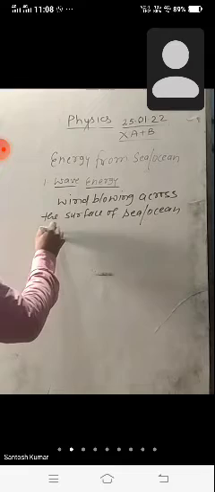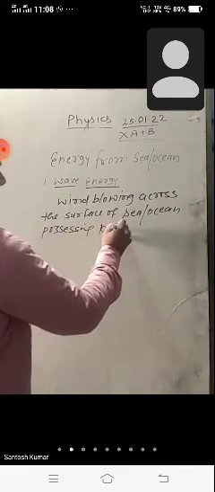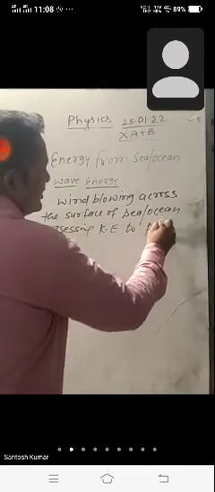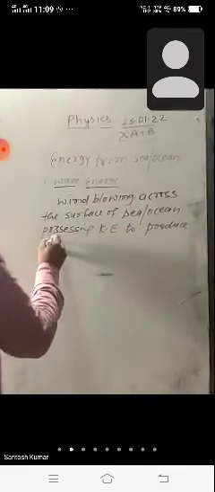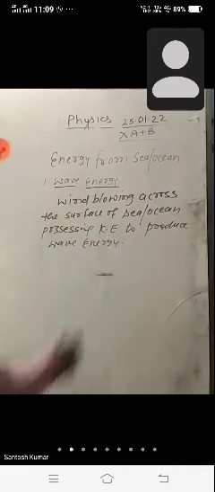If it is wave energy, it is generally from sea or ocean. So the wind blowing across the surface of the ocean or sea, possessing KE, to produce wave energy. This is one of the statements.